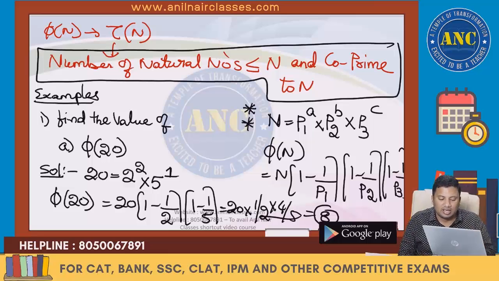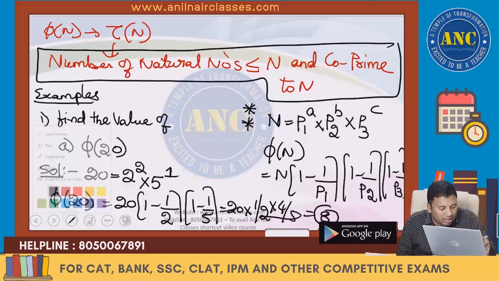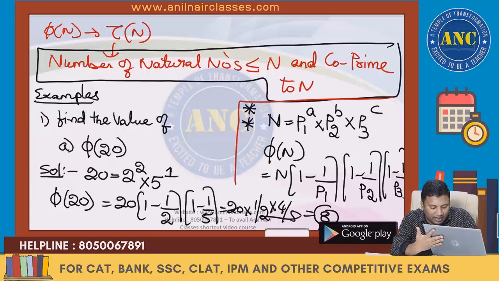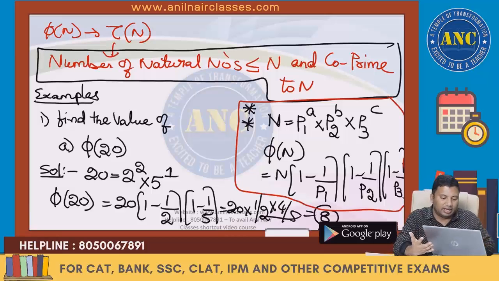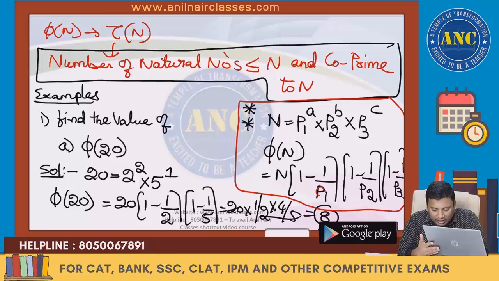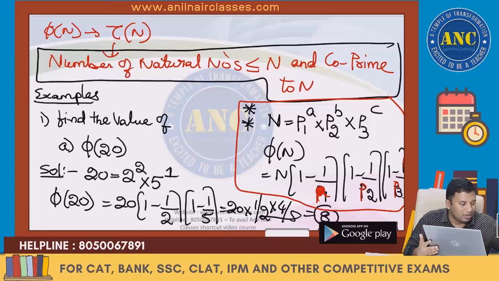But the question is, sir, I cannot remember this notation. You don't need to remember this notation. There is a way in which you can directly write it. The quotient of n is n into 1 minus 1 by P1, 1 minus 1 by P2, 1 minus 1 by P3.